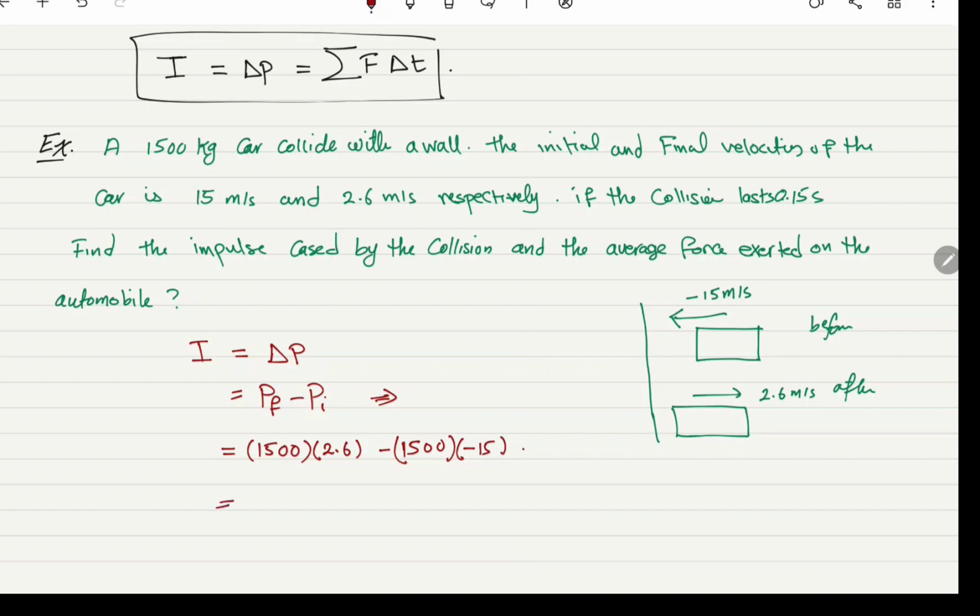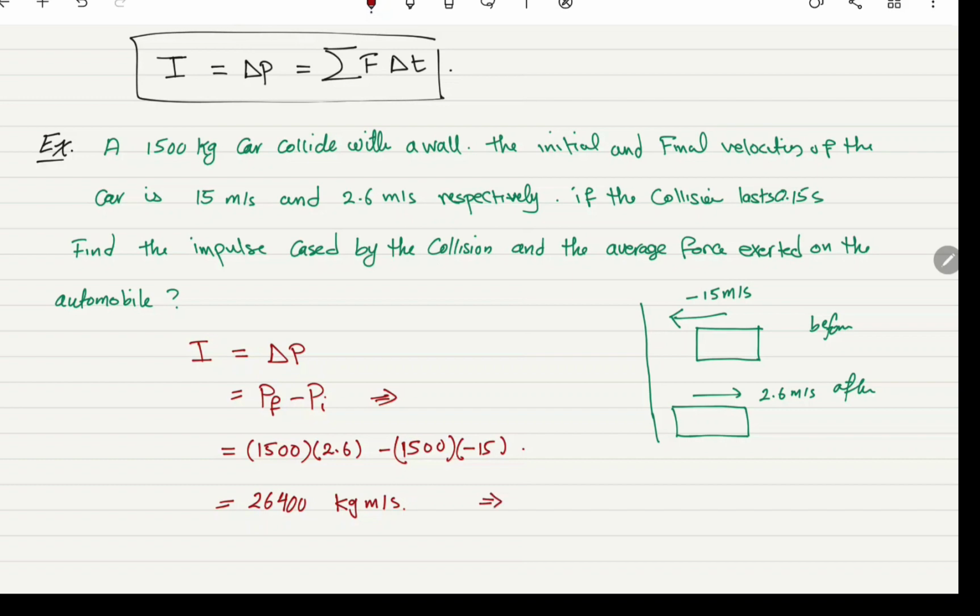In other words, it's equal to 26,400 kilogram meter per second.